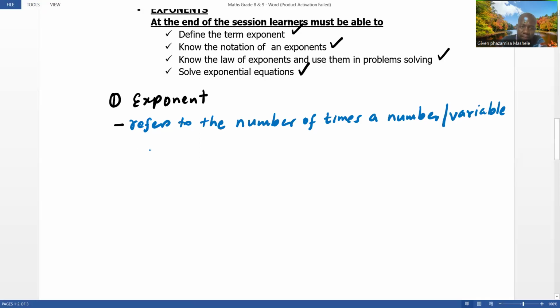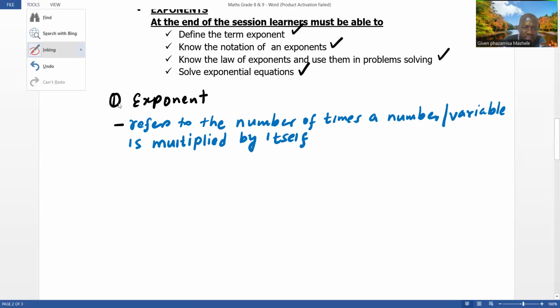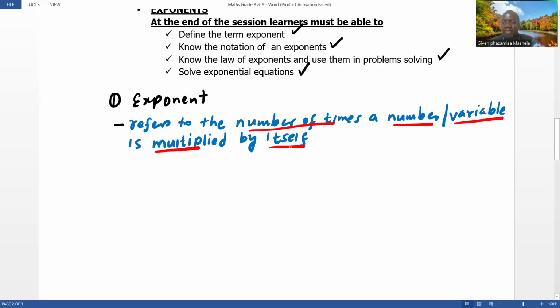So an exponent refers to the number of times a number or a variable is multiplied by itself. That is called an exponent.